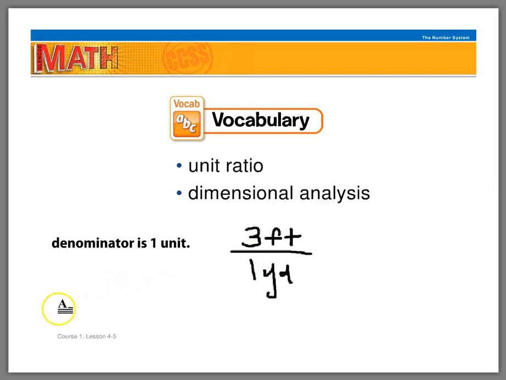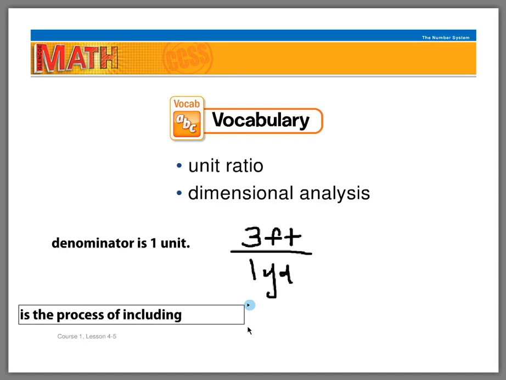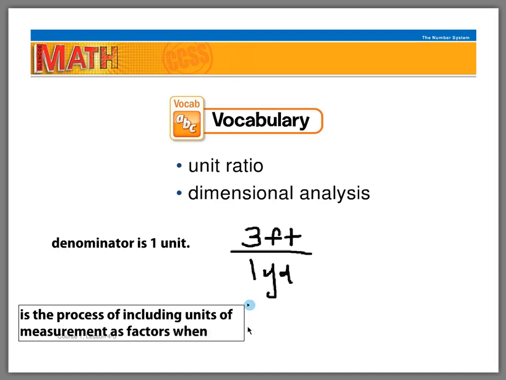Okay, the second one is called dimensional analysis. Now, dimensional analysis is the process of including units of measurement as factors when you compute.